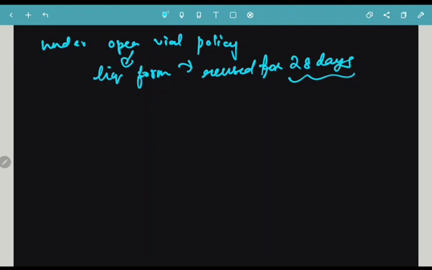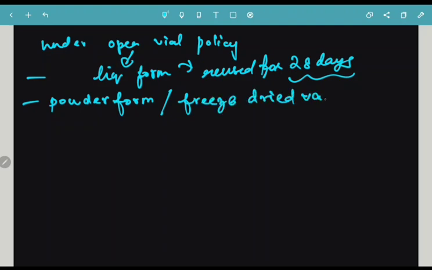And next is your powder form. In powder form, diluent is going to be added. Powder form vaccines are otherwise known as freeze dried vaccines.